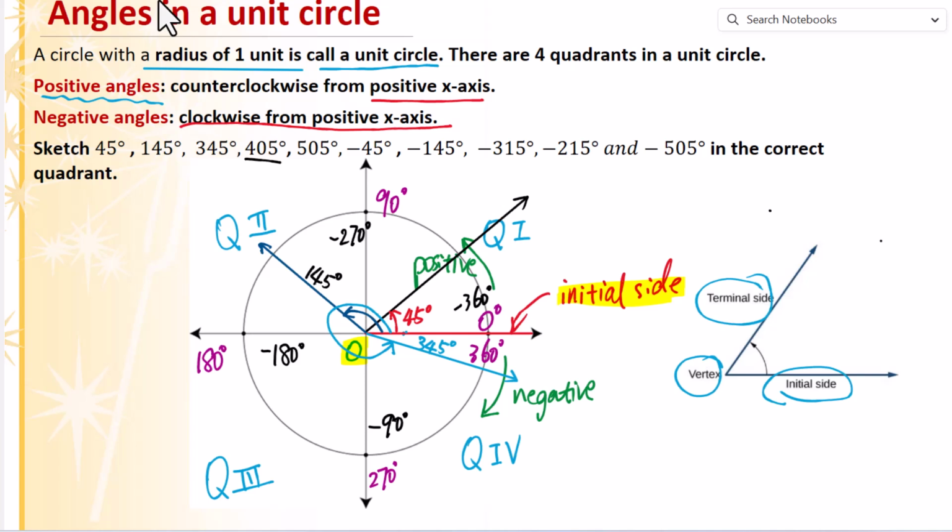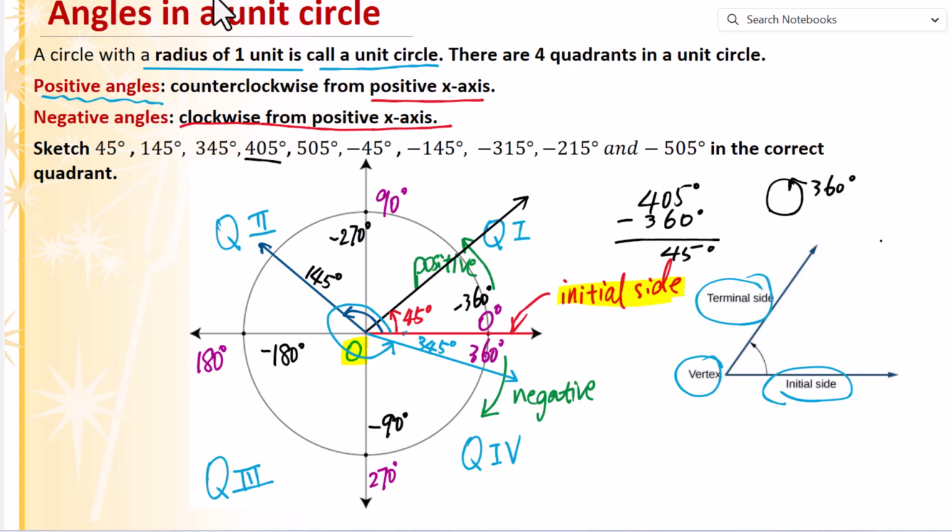Let's go to next degree, 405 degree. We know a circle is 360 degree. 405 degree is greater than 360, so we minus 360 degree, we got 45 degree.